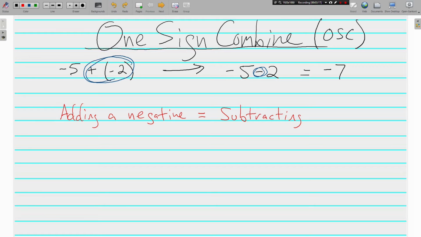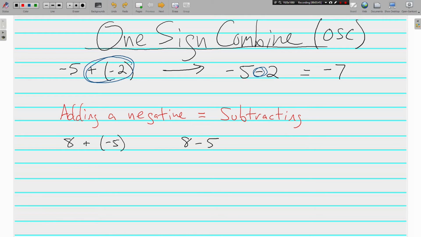If we have the expression 8 plus -5, again, we are adding a negative here. I don't like that there are two signs in a row. We've got plus and minus. We are going to rewrite this problem as 8 minus 5.